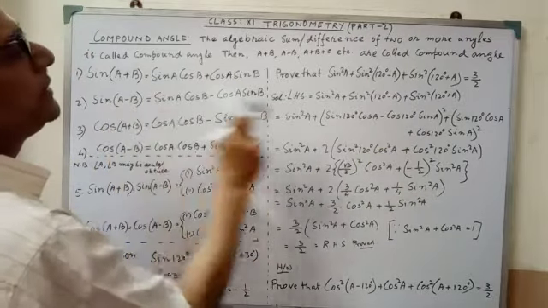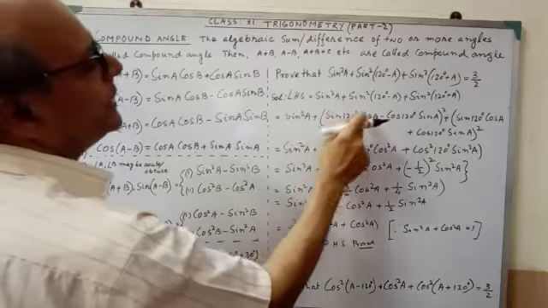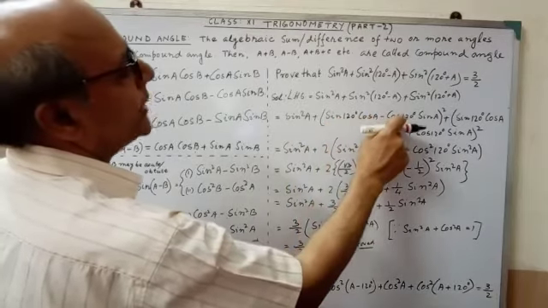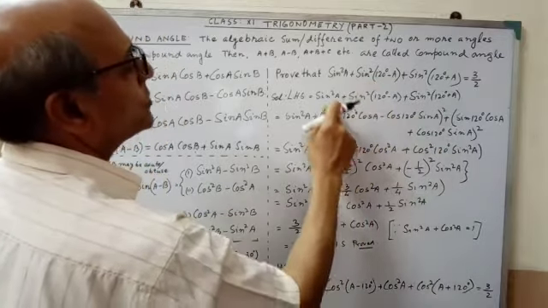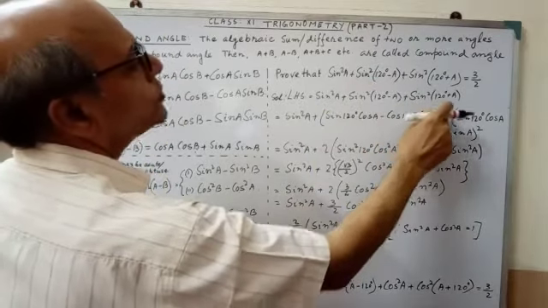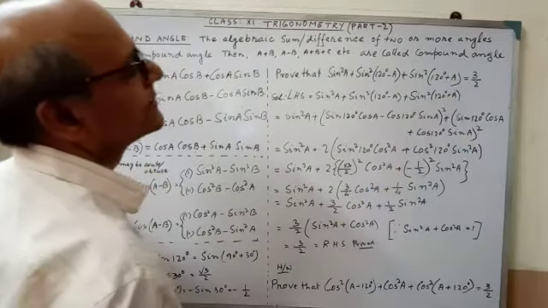So we may write sin 120 degree into cos A minus cos 120 degree into sin A. Since it is square, we have to write it with whole square.